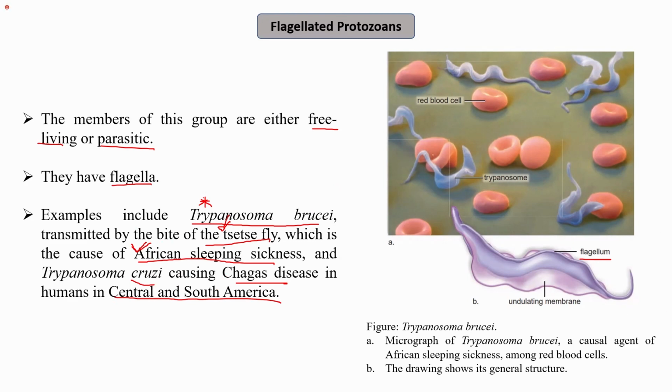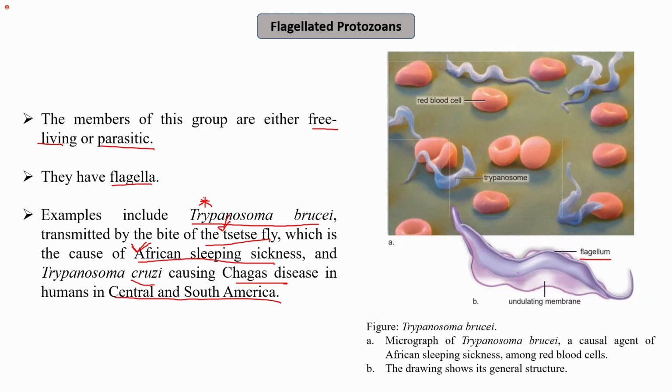This figure represents a micrograph of the Trypanosoma brucei, which is the causal agent of African sleeping sickness, among the red blood cells. You can see how they are present near the red blood cells. The other figure, B, represents the general structure of the Trypanosoma brucei that contains a flagellum.